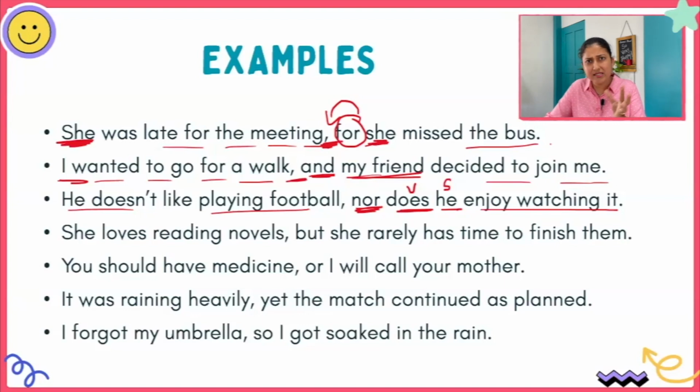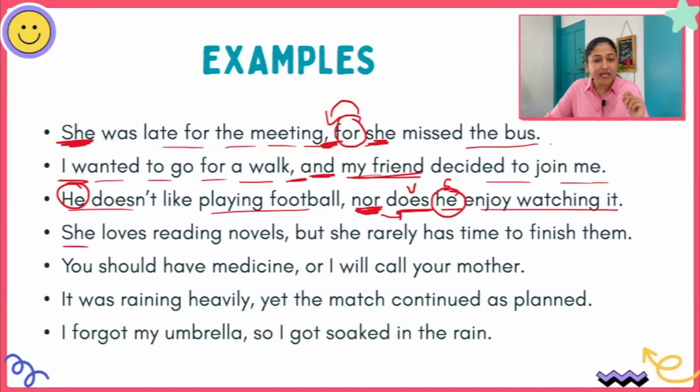For now, just digest this, okay? That with nor, we always use inversion. Once again, he doesn't like playing football, one subject, nor does he enjoy watching it. Again, another subject. Cool. So, two subjects, one in each clause.